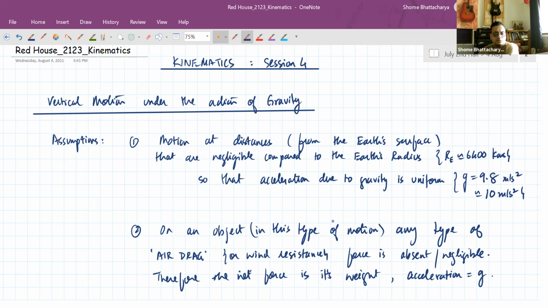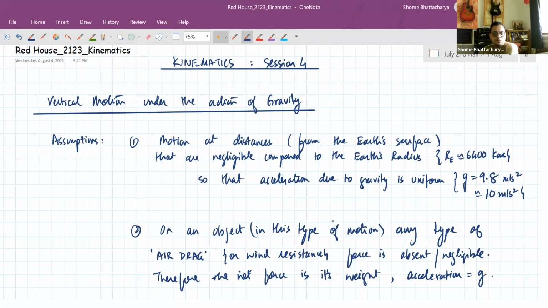So for example, if you observe something like a brick under free fall or a heavy rock under free fall, it will be more or less like the situation we're talking about, because the weight of that object will be very large compared to any air drag or wind resistance force acting on it, unless there's an extremely high amount of wind, which we're not getting into. But you take something like a cotton wool ball, or something made out of light feathers, and you will see that its weight is so small in comparison to the amount of wind resistance or air drag acting on it, because of its large surface area and its extremely low density.